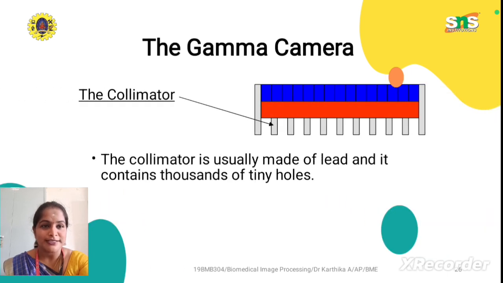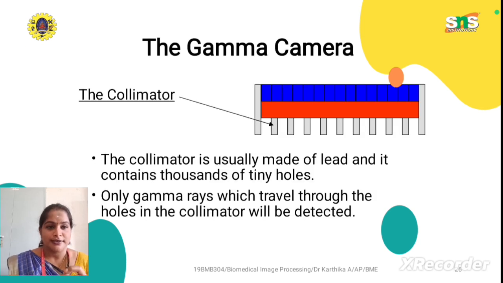A collimator is usually made of lead and contains thousands of tiny holes. Only gamma rays which travel through the holes in the collimator will be detected. This is the main use of the collimator.